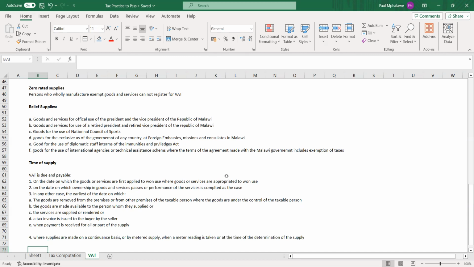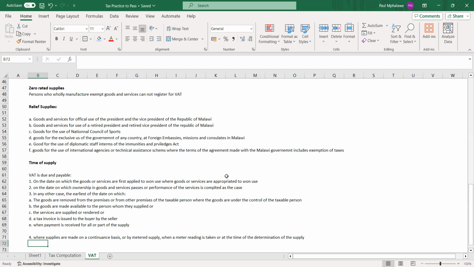So that applies to number 4, where the Water Board charges you according to the meter readings. That's when tax becomes payable. Very important to note.